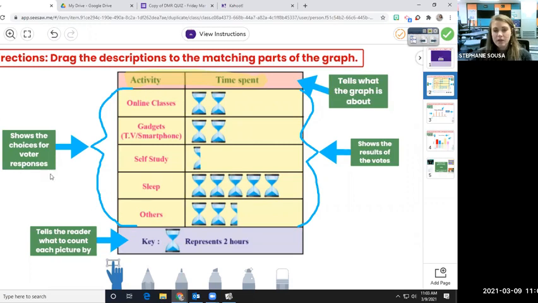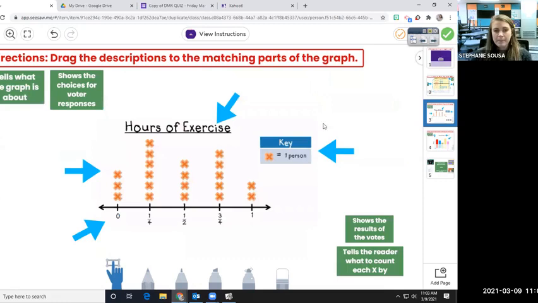Okie dokie. Let's look at slide 3. On slide 3, you are going to do the same thing, but this time it is with a line plot. In your line plot, you are going to drag the tasks here to the correct spot, okay?